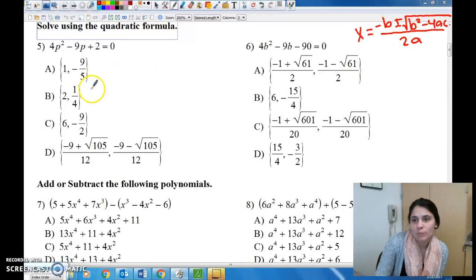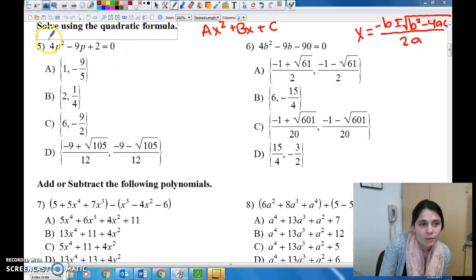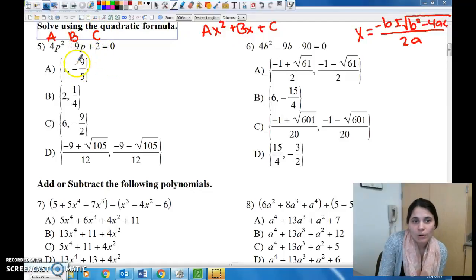First I've got to remember what a, b, and c are, and standard form is written ax squared plus bx plus c. So if I look here, my 4 is my a, my negative 9 is my b, my 2 is my c. So I'm going to plug those numbers in here.